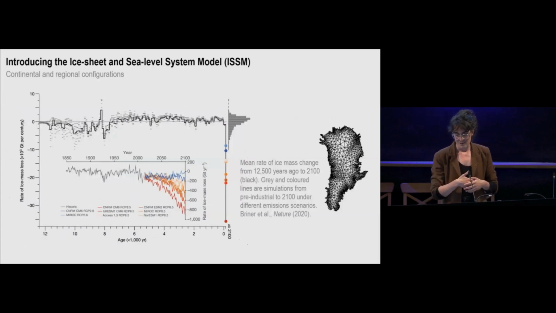Most of the publications that we've seen in the ice sheet and sea level system model are of decadal to centennial timescales, although we might conduct millennial scale spin-ups or initializations.